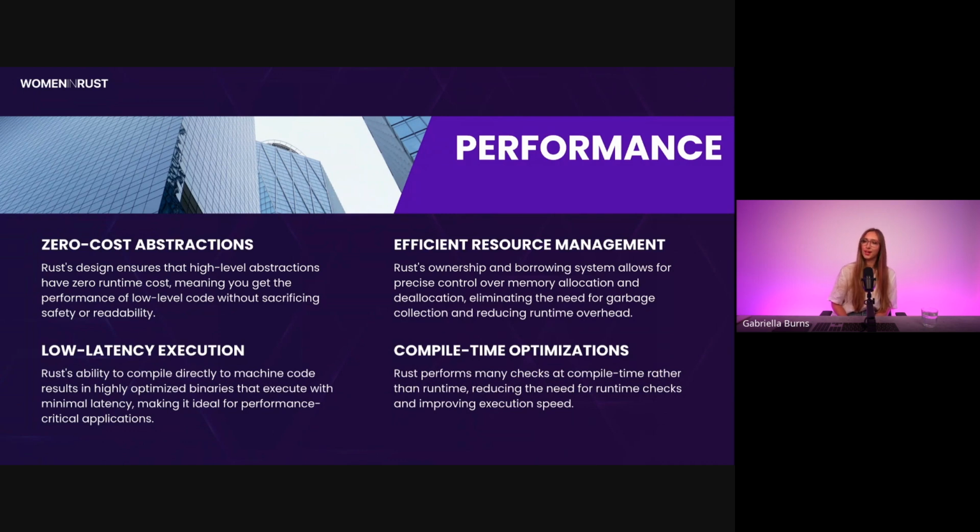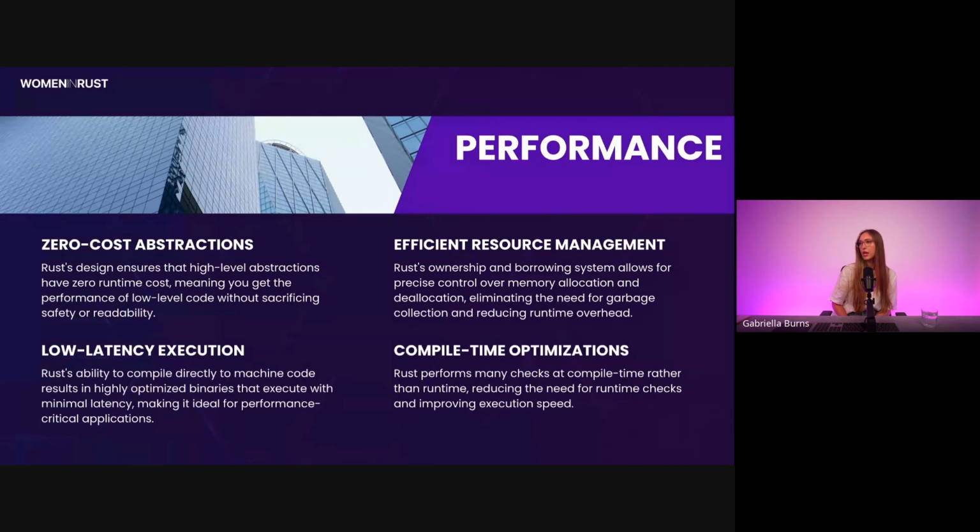Now let's talk a little bit about low latency execution. Rust's ability to compile directly to machine code results in highly optimized binaries that execute with minimal latency, and this makes it ideal for performance-critical applications. Then there's the efficient resource management of Rust.